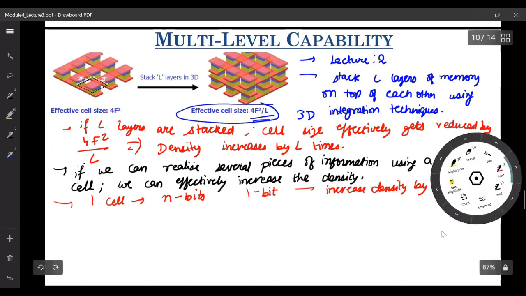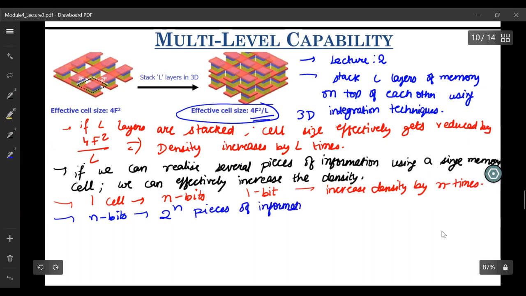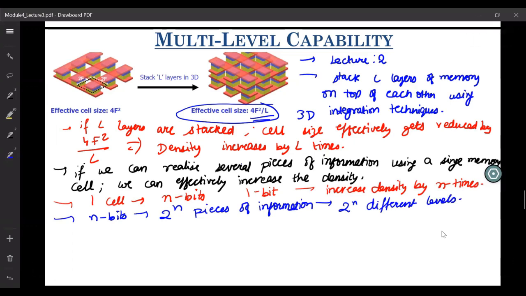Now the thing is, if one cell has to encode n bits, so n bits contain 2 raised to power n pieces of information. So to encode n bits, your device should be able to show 2^n different levels, and each level would encode 1 piece of information.